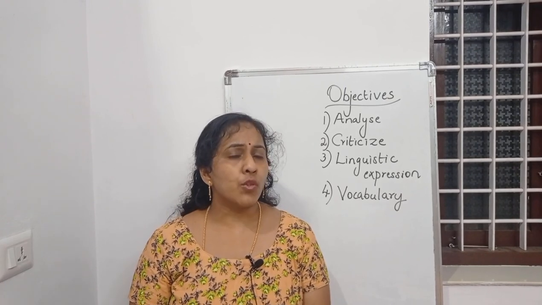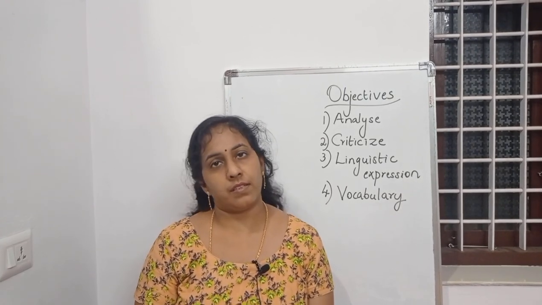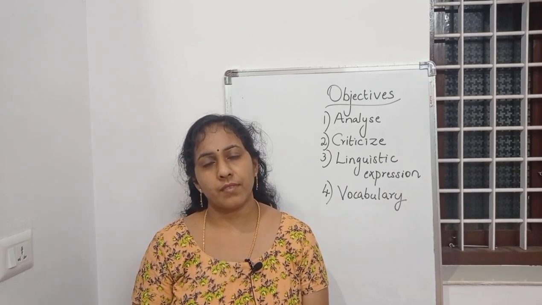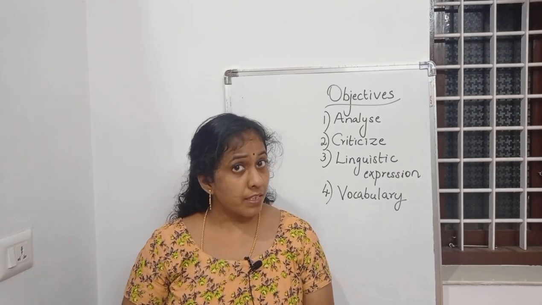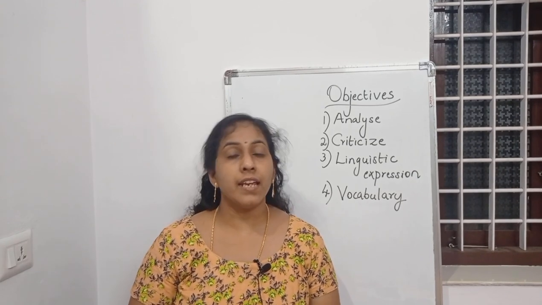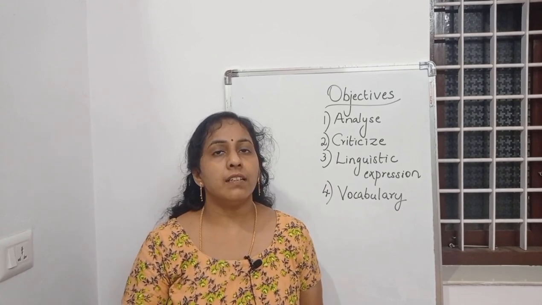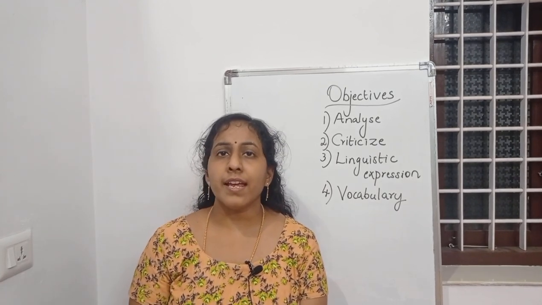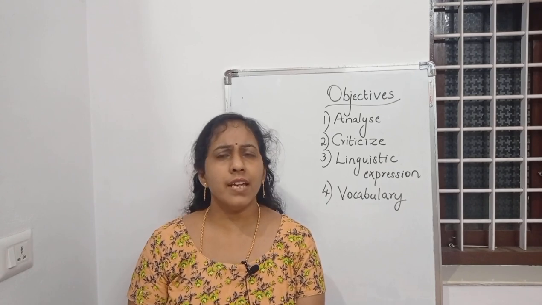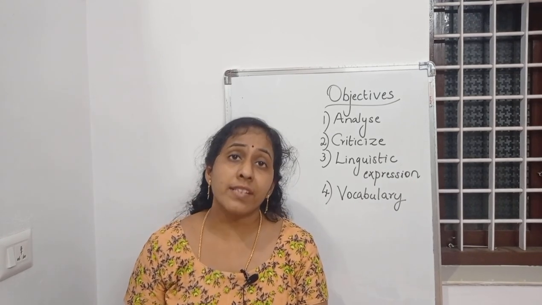Why should one get trained for writing for professional purposes? We have certain objectives for that. To analyze a content. What is analyze? Analyze is to examine or to evaluate a content.